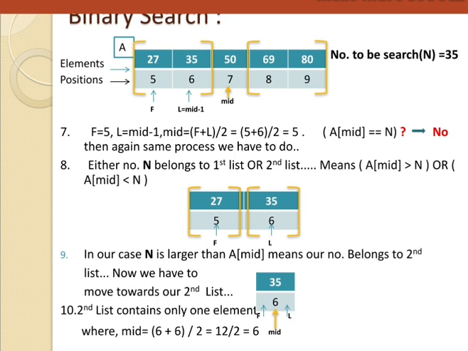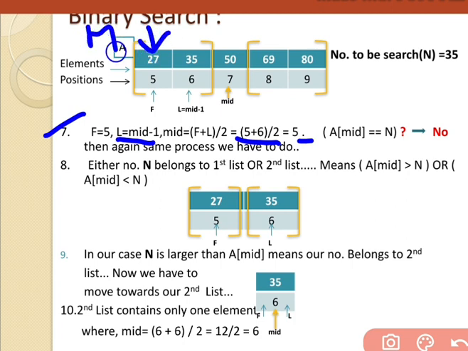And then see, if F equals 5, then last is equal to mid minus 1, so 5 plus 6 divided by 2 is equal to 5 only. Now we have a mid element, that is the element at fifth position, on the mid position.